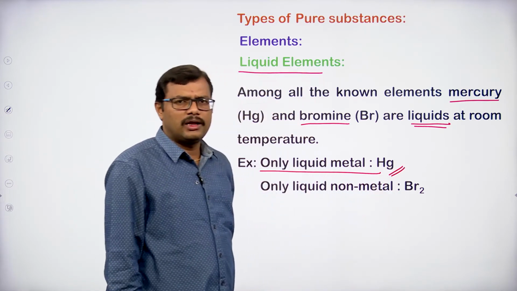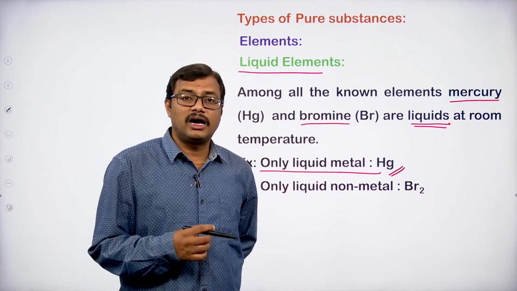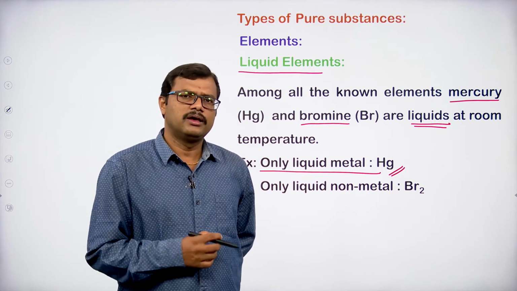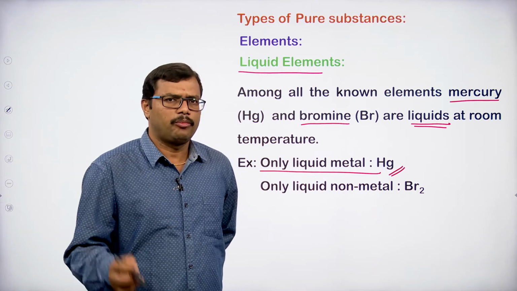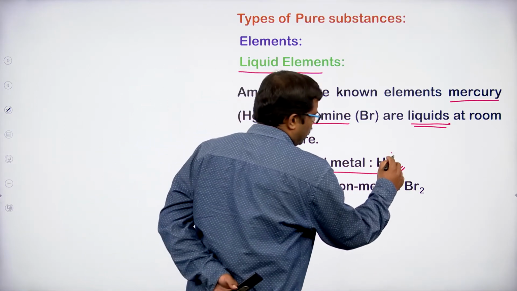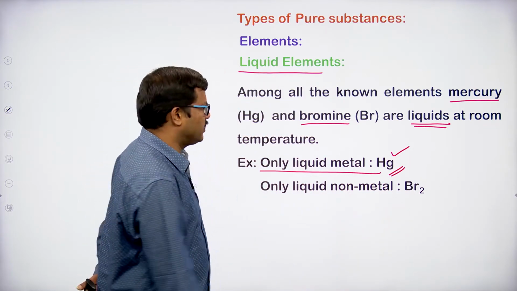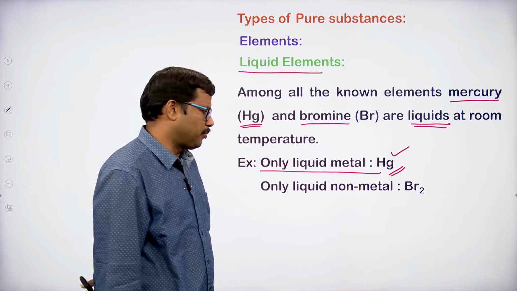All other metals generally exist in solid form under room conditions, but the only metal which exists as liquid is mercury. We represent mercury with the symbol Hg, capital H and small g.